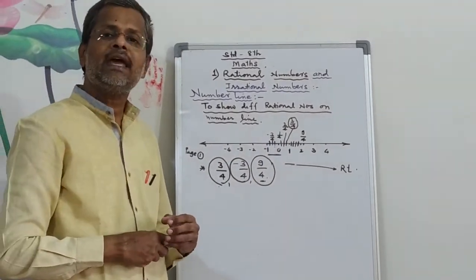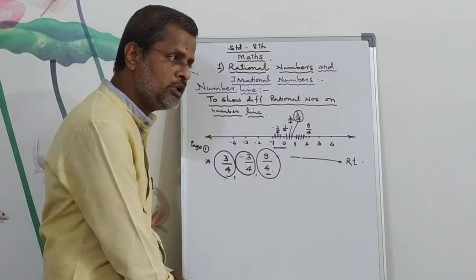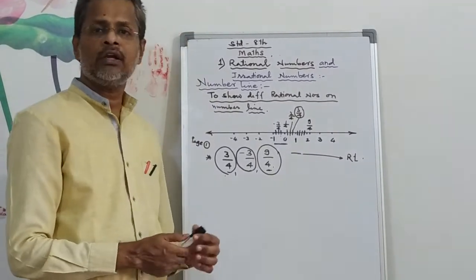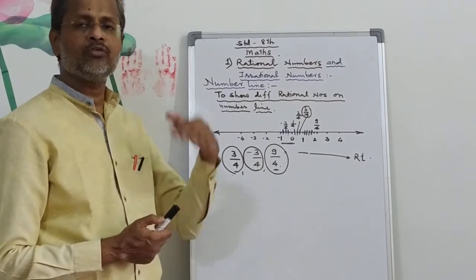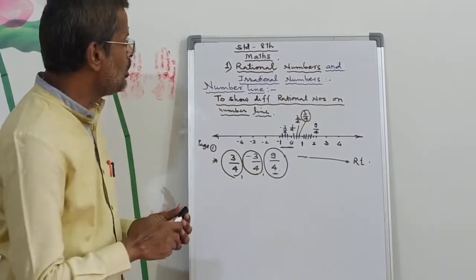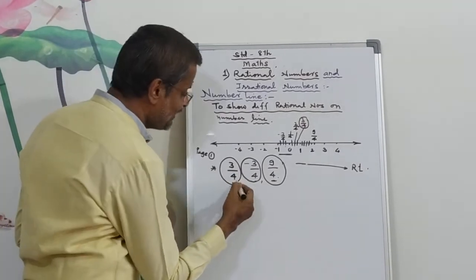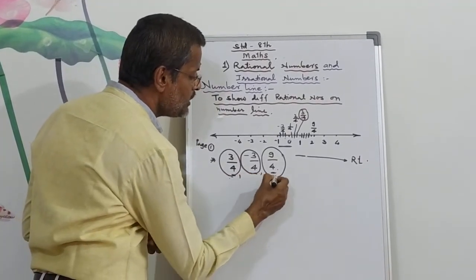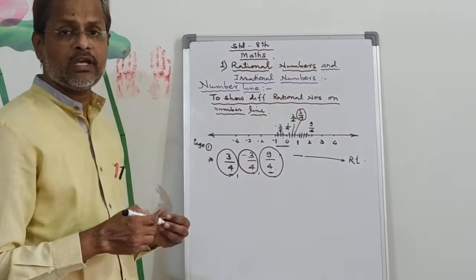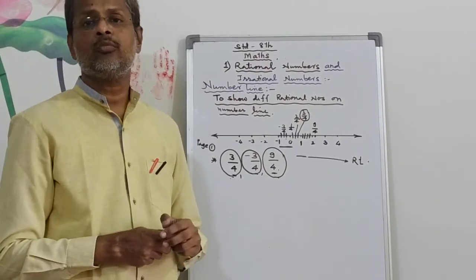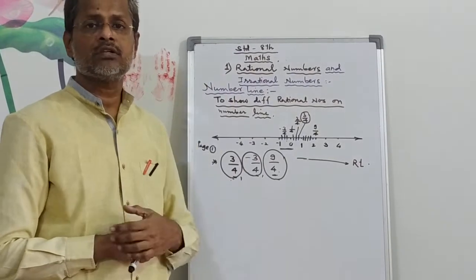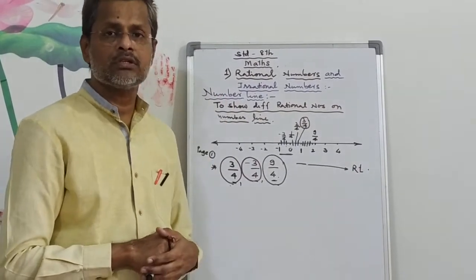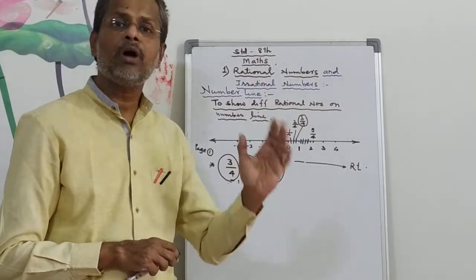You can practice different examples from page number 1. There you have to represent different numbers on the number line, but the denominators will be different in each case. So whatever the denominator is, divide each unit distance into that many equal parts.